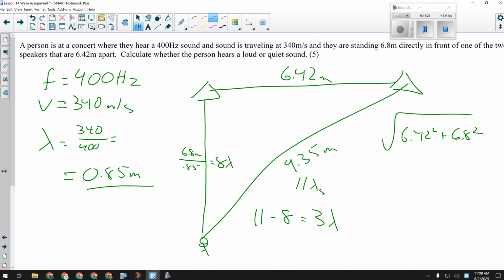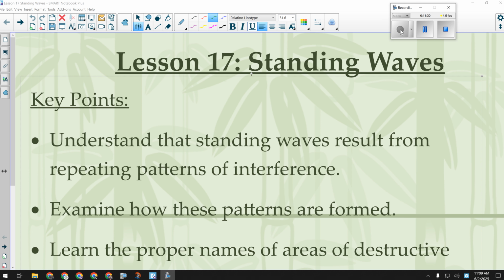We are going to talk about standing waves next, so if you can find that lesson in the notes. Standing waves are a misnomer. It's a bad name. Standing makes it seem like they're not moving, but waves are always moving. A standing wave is actually a pattern of interference.